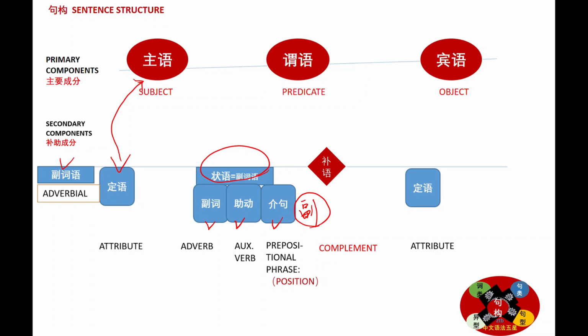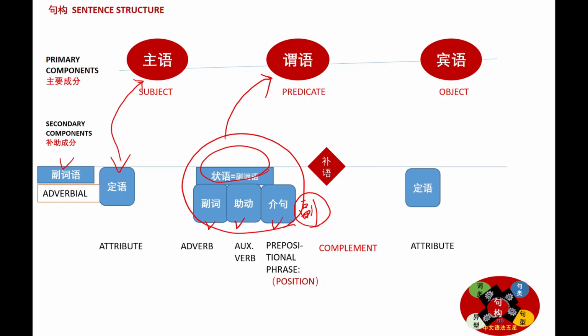These are placed before the predicate, determining the condition of action beforehand.